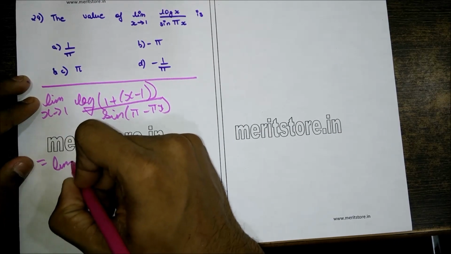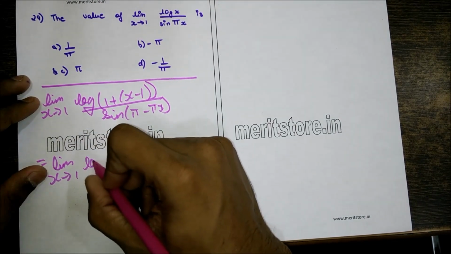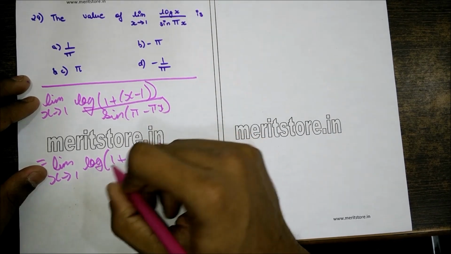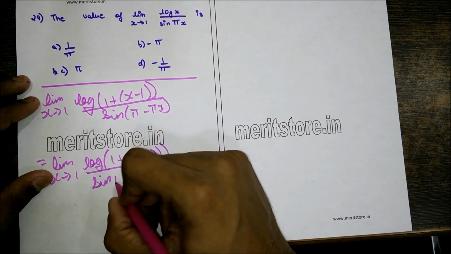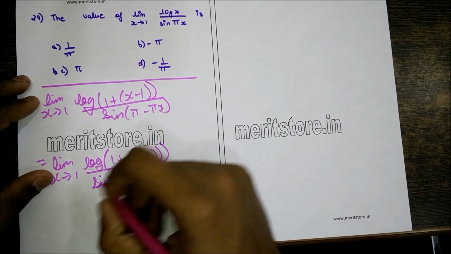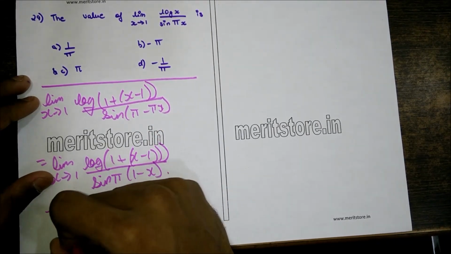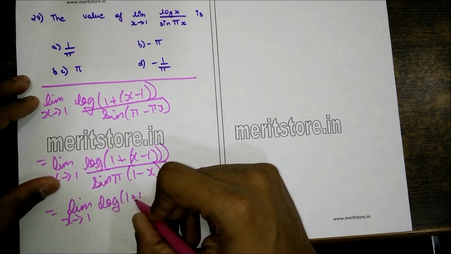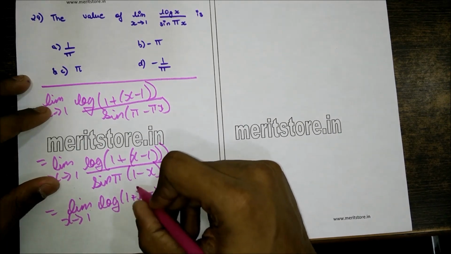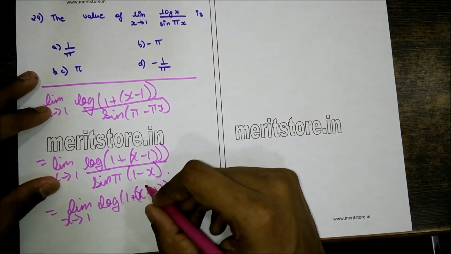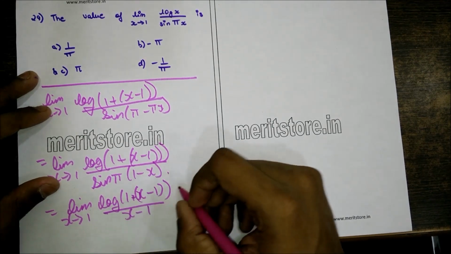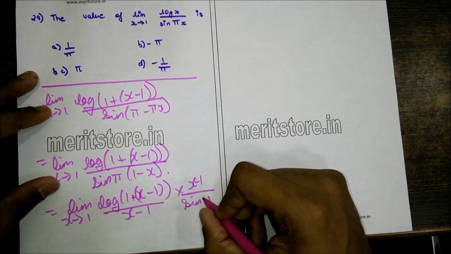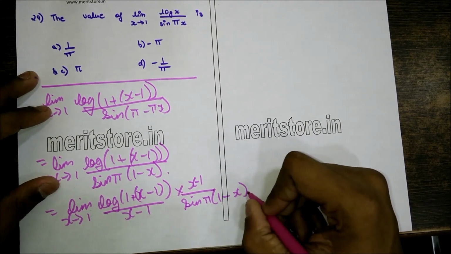which gives us limit of x tends to 1 log of 1 plus (x minus 1) upon sine pi (1 minus x), giving us limit of x tends to 1 log 1 plus (x minus 1) upon (x minus 1) into (x minus 1) upon sine pi of (1 minus x).